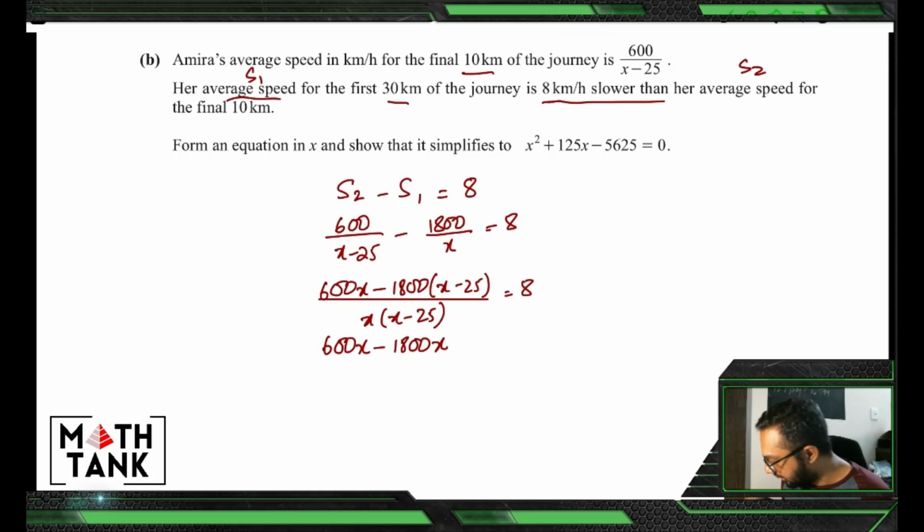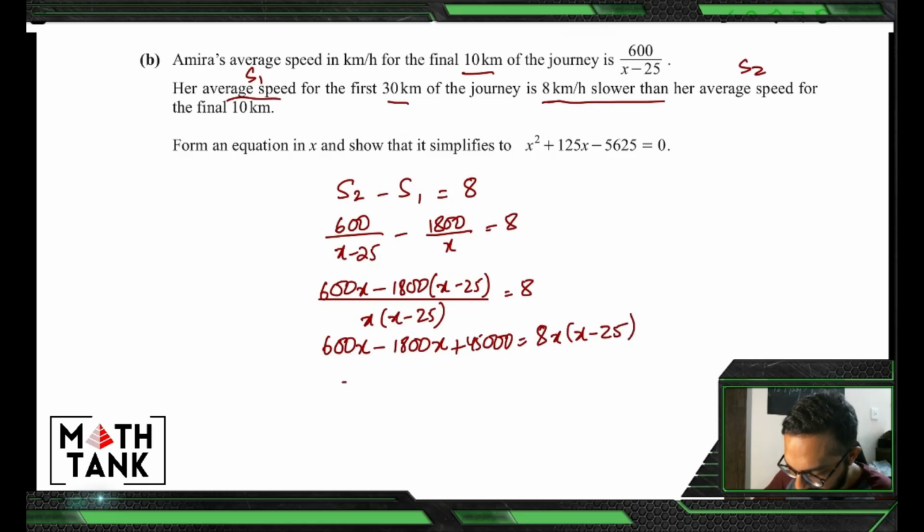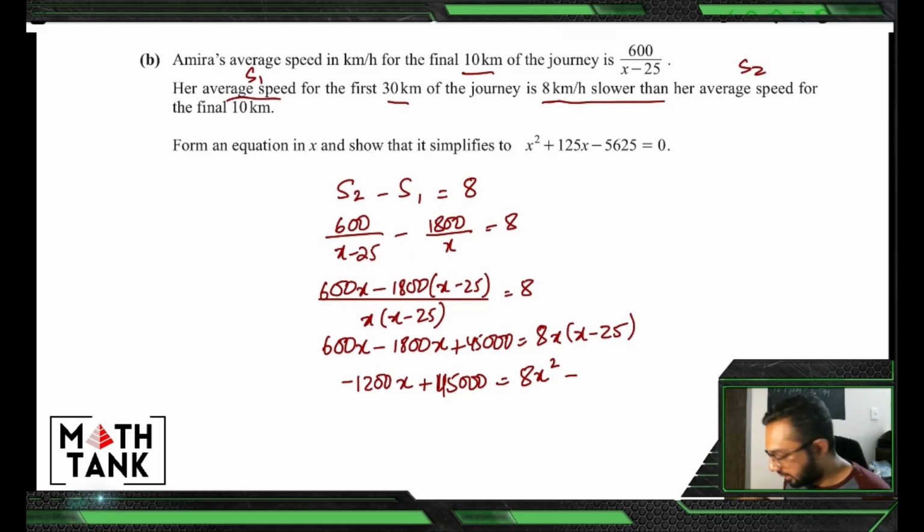So 1800 into 25, that's 45,000. Okay, and then that gets cross multiplied. So minus 1200x plus 45,000. 8x squared minus 8 into 25 is 200x.